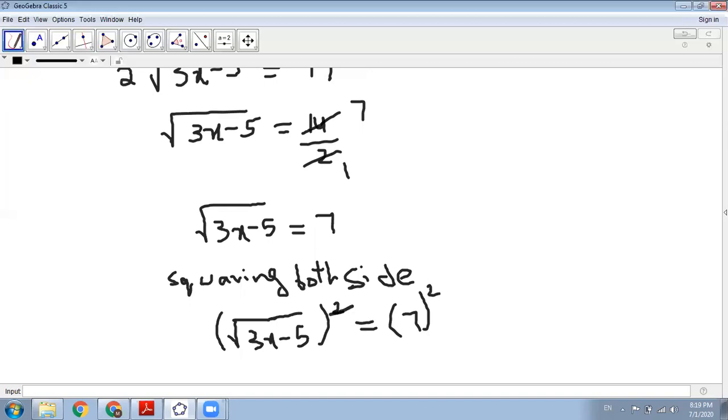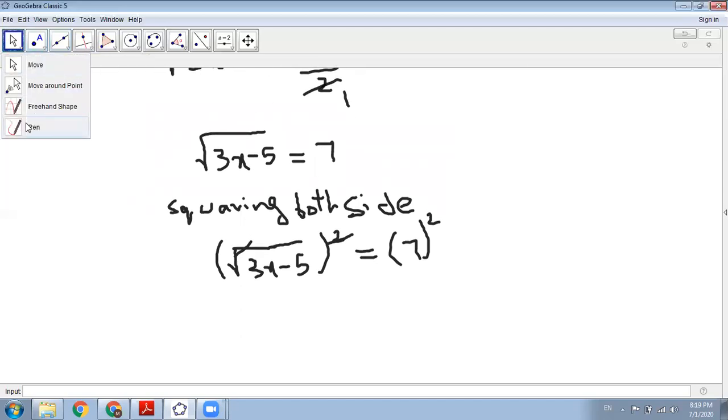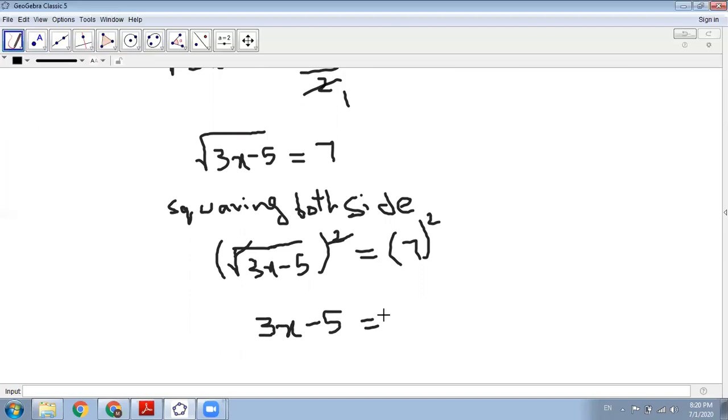Now this square and square root will be cancelled out, and we get the term 3x minus 5 equals 49.